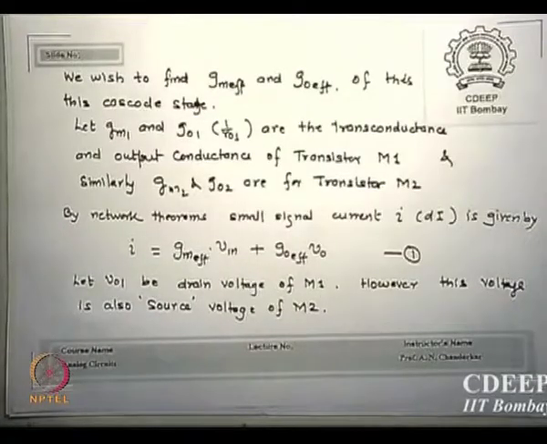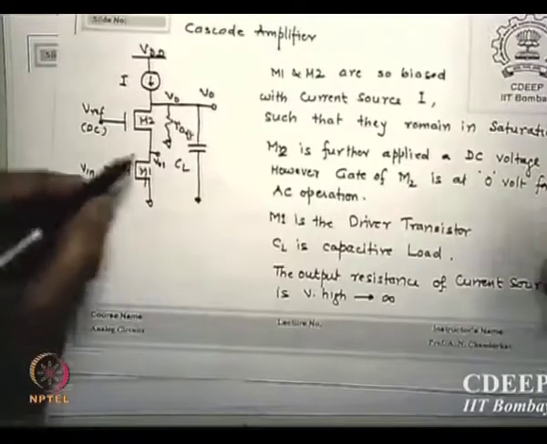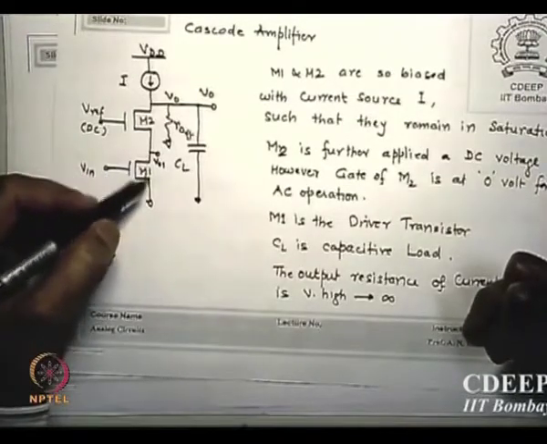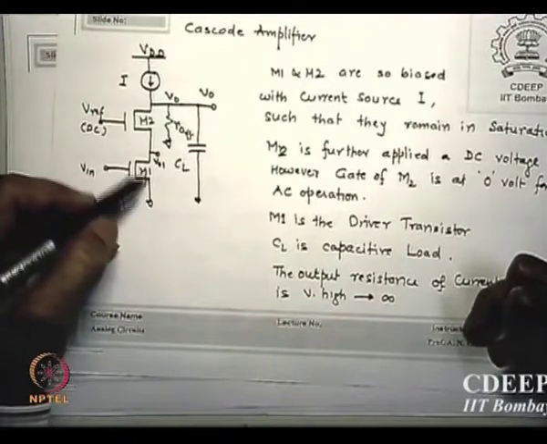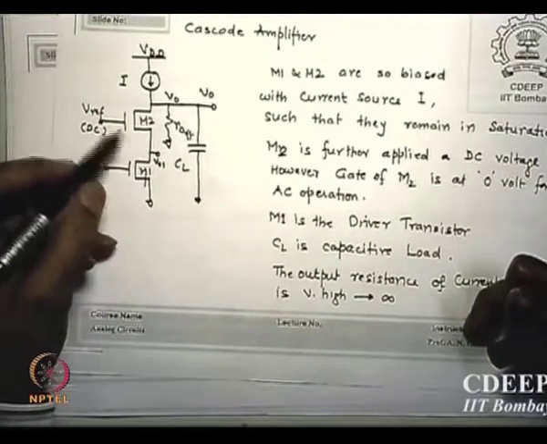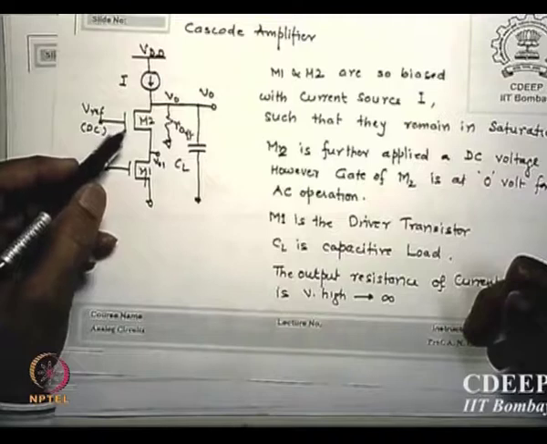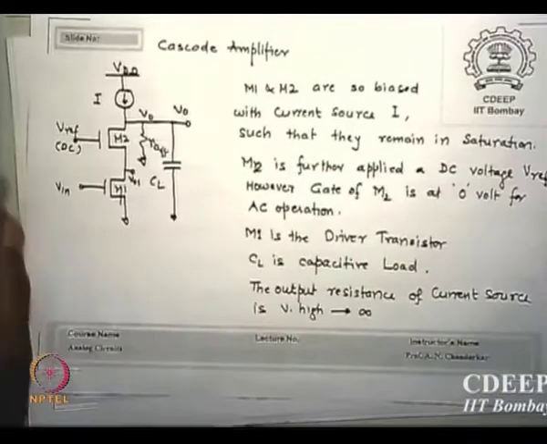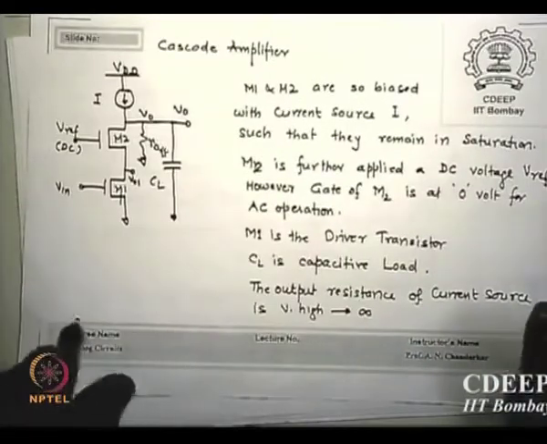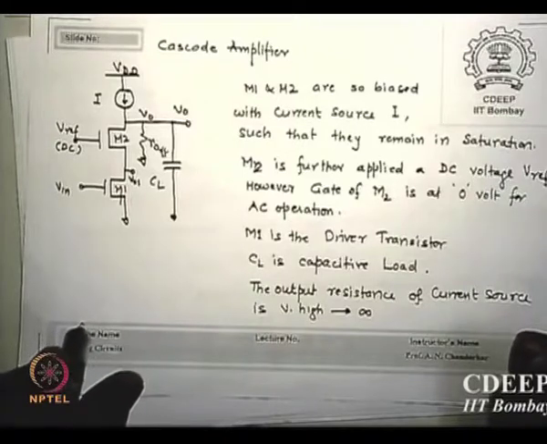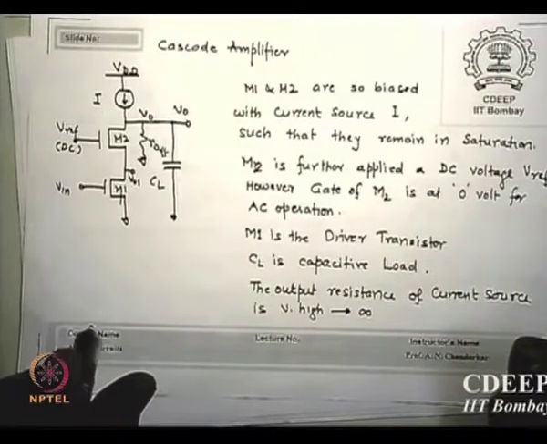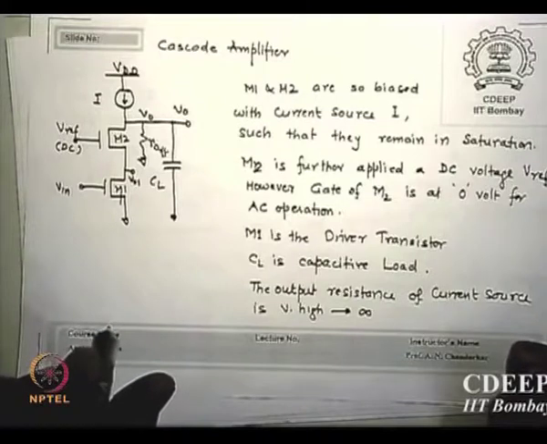However, if you see carefully, VO1, which is the drain voltage of M1, is also acting like the source voltage of M2. Is that point clear? VO1 is the drain voltage of M1, but it is also the source voltage of M2.